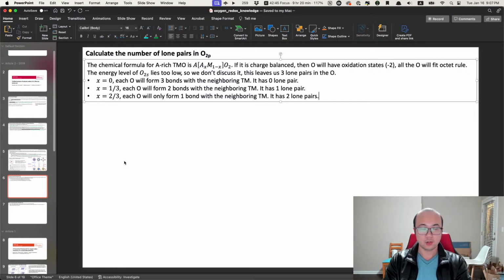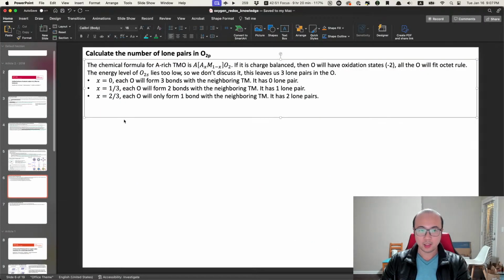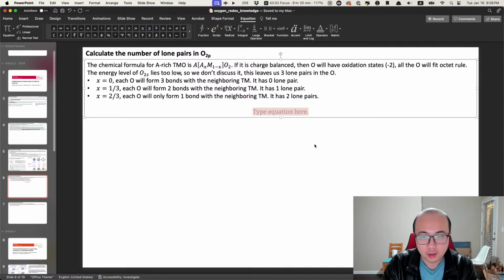Now I understand this. So basically, the number of lone pairs n is equal to 3 minus the number of bonds.